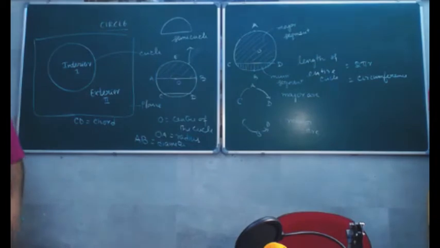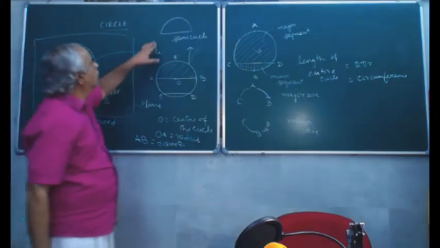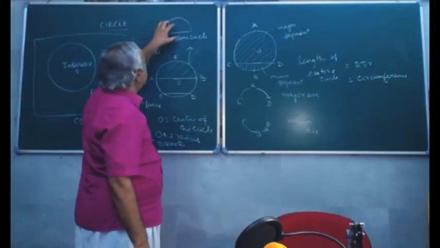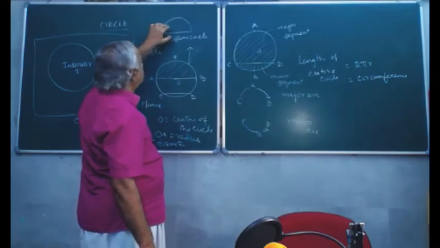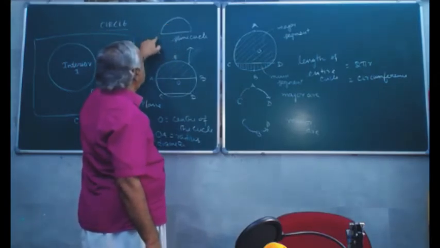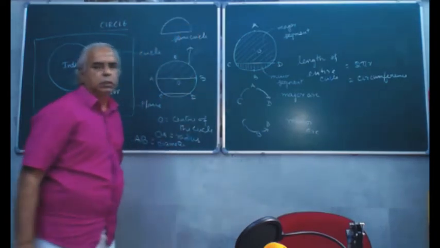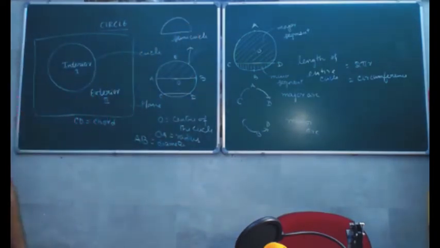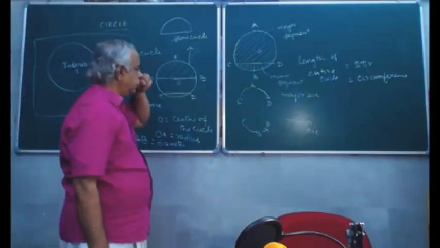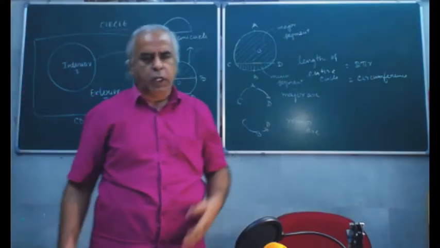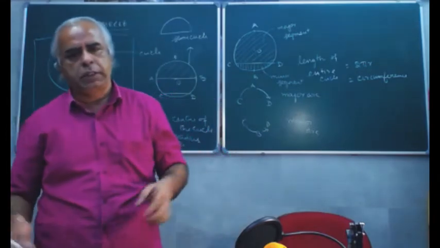Semicircle is the area, that is the portion between the diameter and its arc. And twice the semicircle is a full circle.